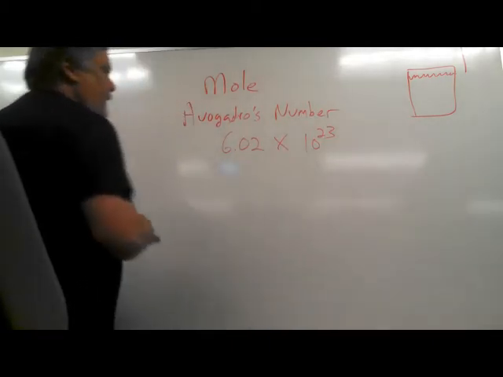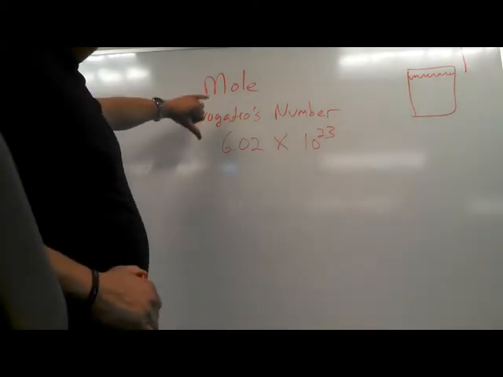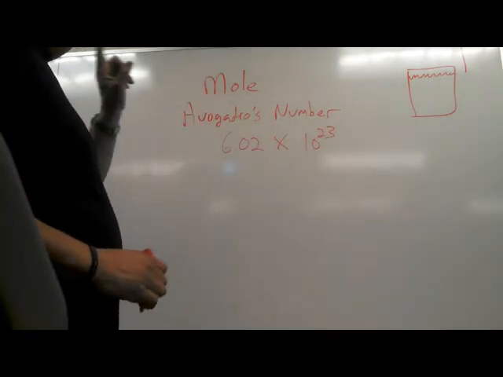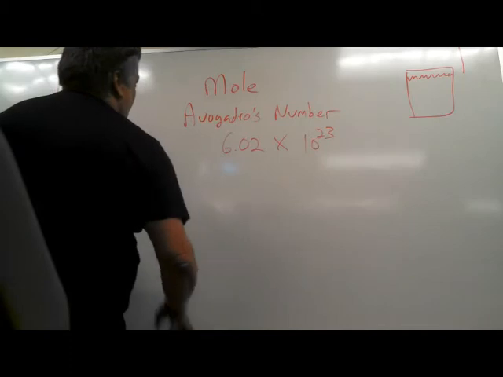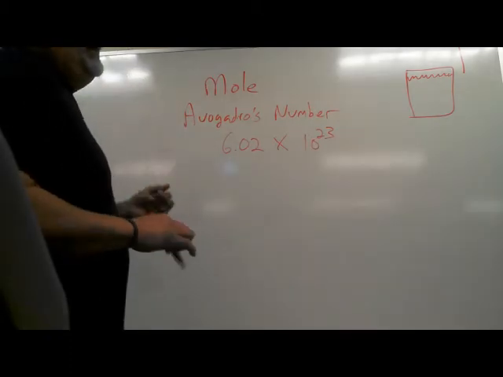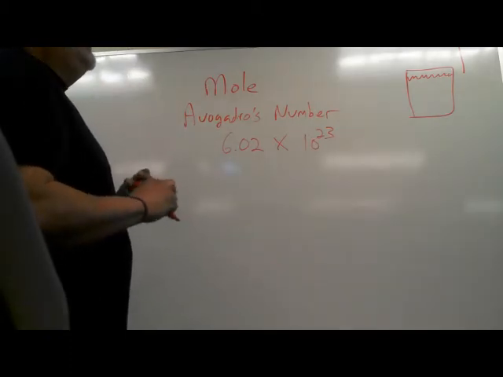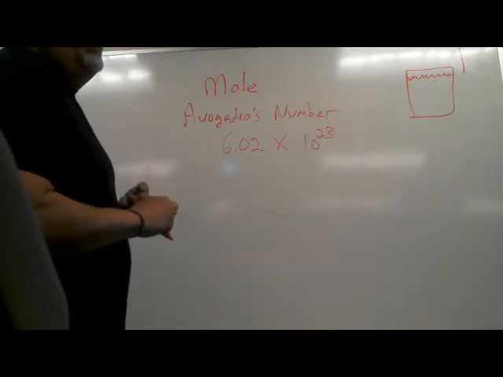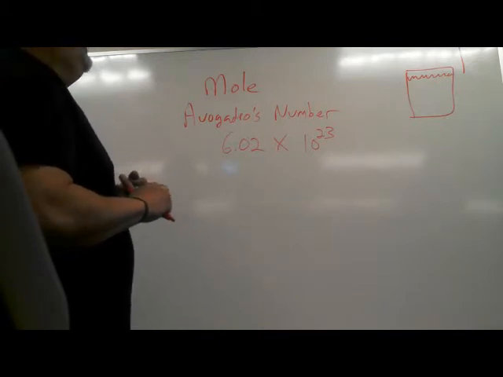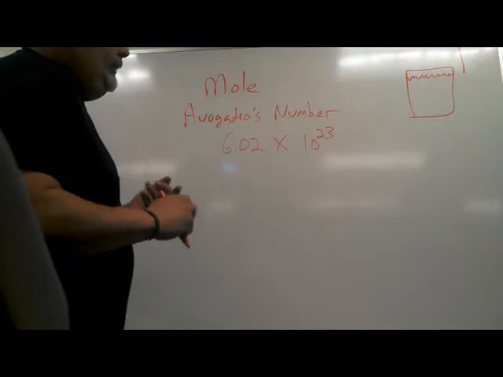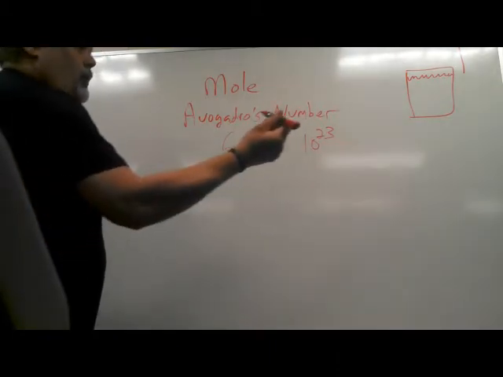Okay, so let's take it one step further. By the way, Avogadro's number and the mole, you're going to see in a minute, are going to work hand in hand. So the mole doesn't have to apply to just elements. It can apply to molecules. It can apply to compounds. It can apply to this marker I'm holding.